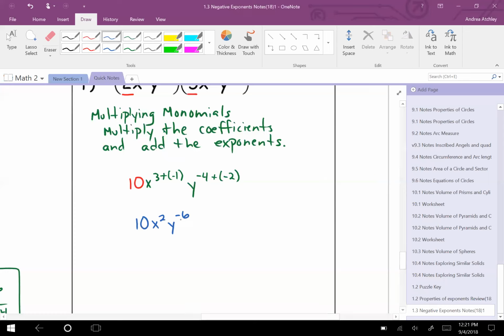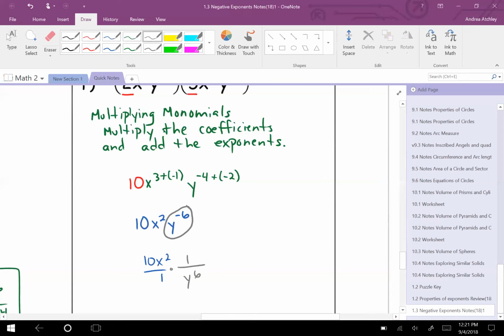And again, we can't leave a negative in my answer. I have to flip it. So y is the only thing with a negative exponent. So I'm going to get 10x squared over 1 times 1 over y to the 6.